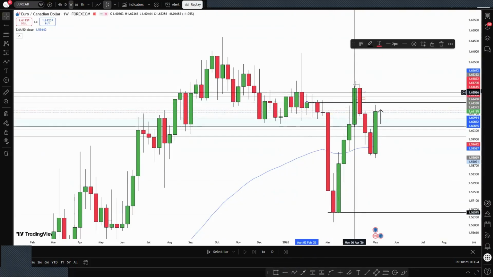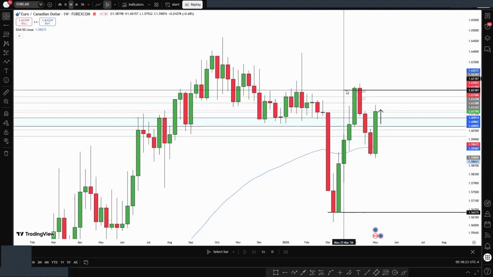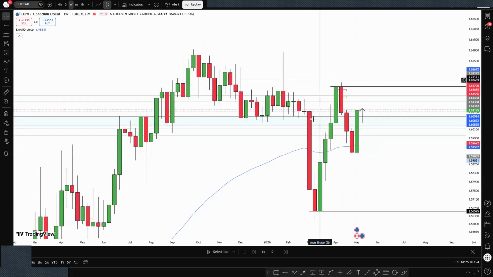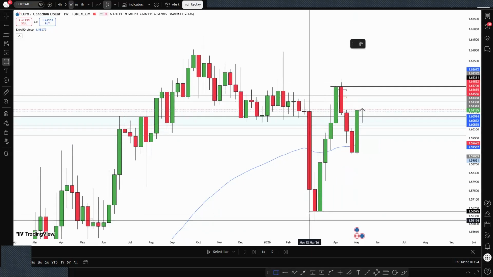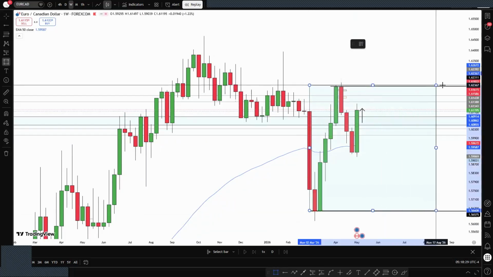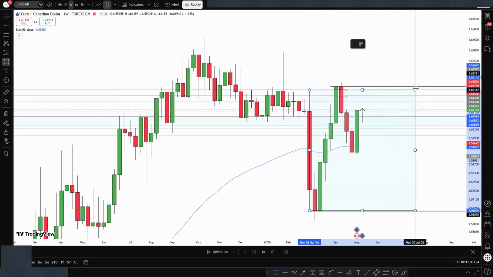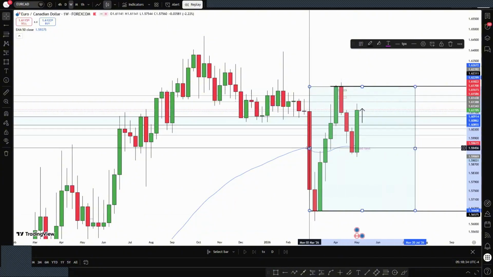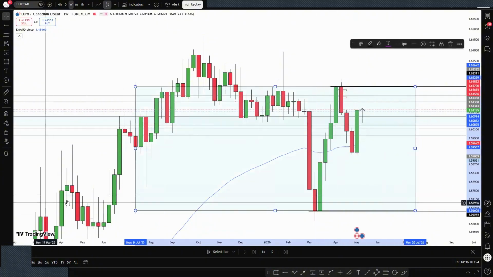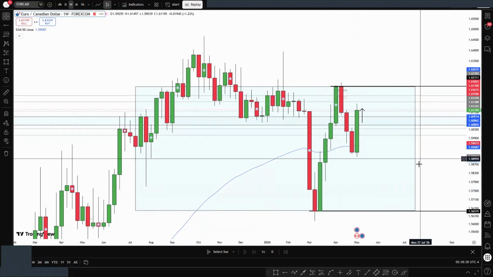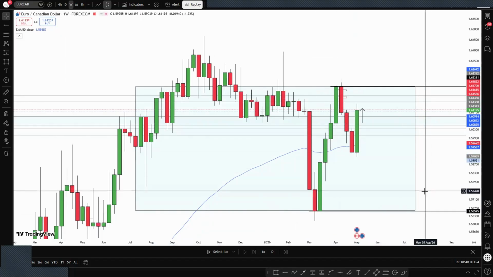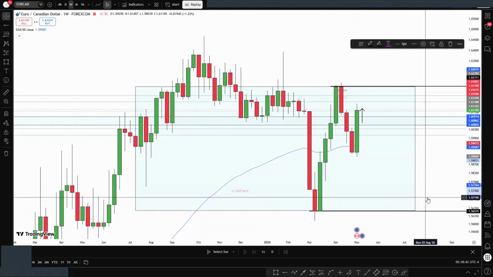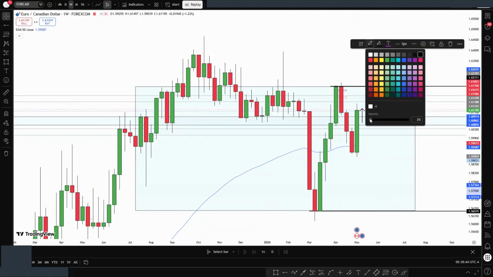So once we closed above, now we are bullish and we can look for buys within this zone here. We can also look for buys once price comes back at this level here. There's also an OG level there, you see? But that's later, if at all price rejects back.